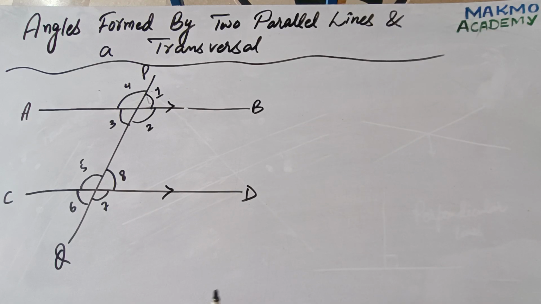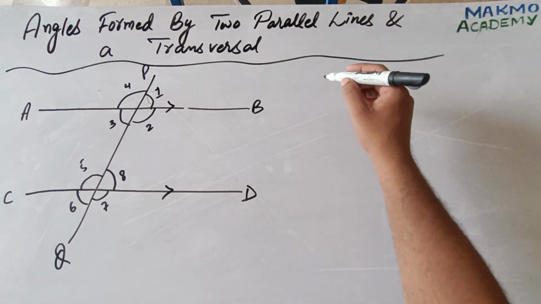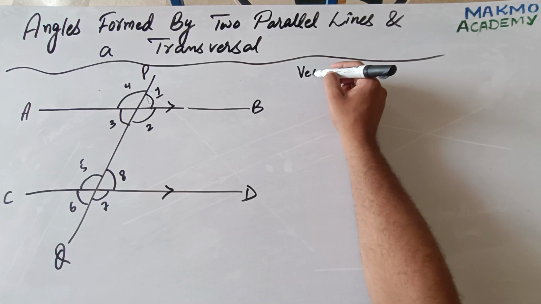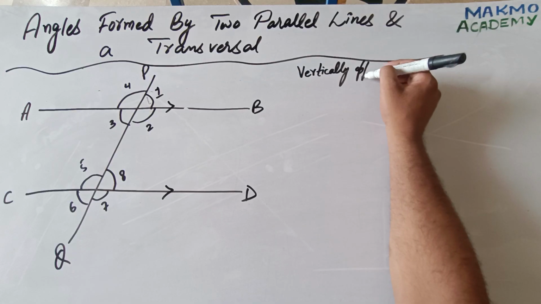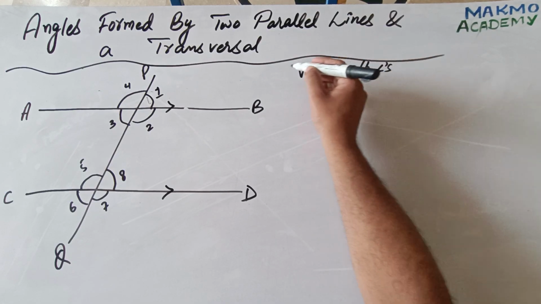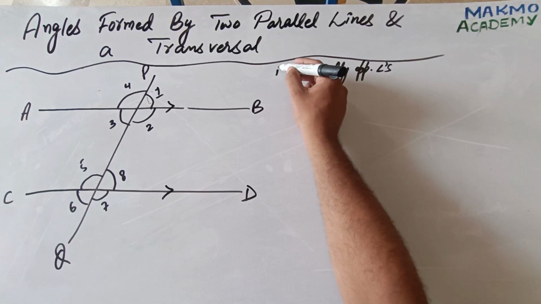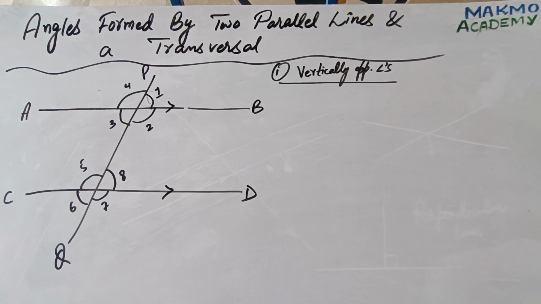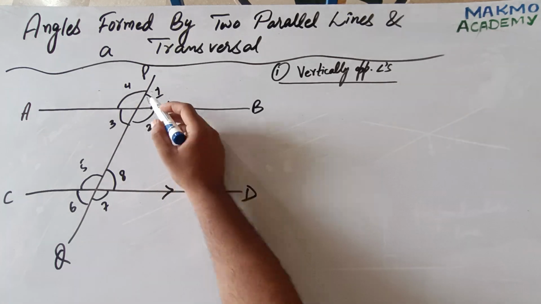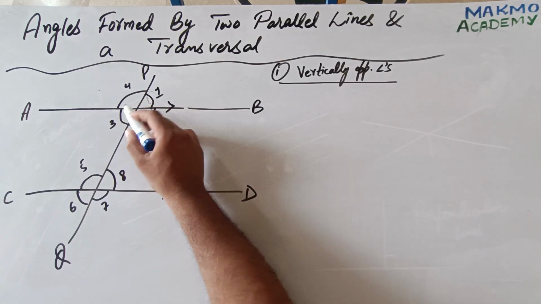First of all, vertically opposite angles, which we have already discussed, that's why I'm starting with them. This is the very first type, vertically opposite angles. In the previous videos we discussed that when two straight lines intersect each other, the opposite angles are equal to each other.